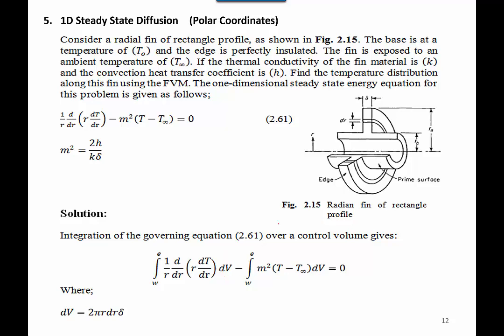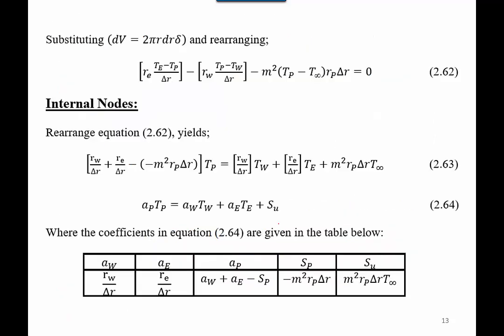Then we substitute the limits of integration, and we also use the central difference, the most accurate method, with second order accuracy, and we end with this algebraic equation, equation 2.62.